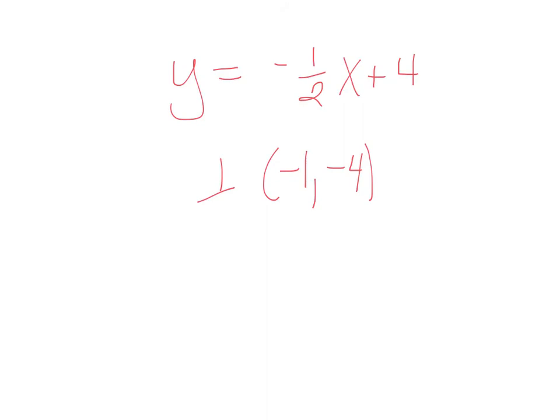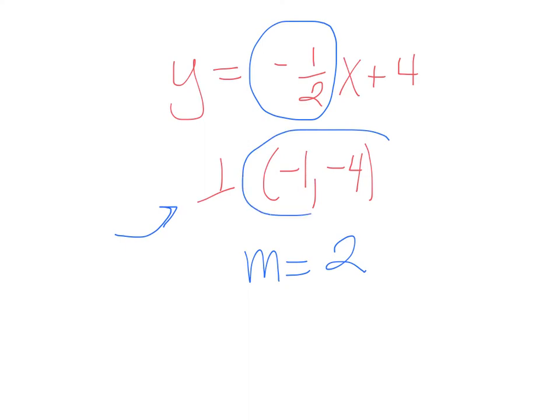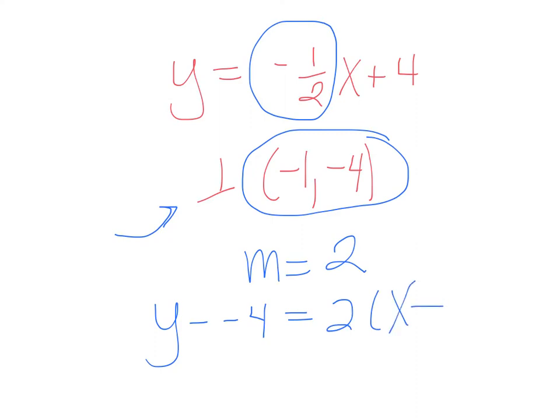So I find the slope of the first line right here. I'm going to get the perpendicular slope by flipping it over and changing the sign. So my new slope will be positive 2. And then I use this point to do my point slope form.